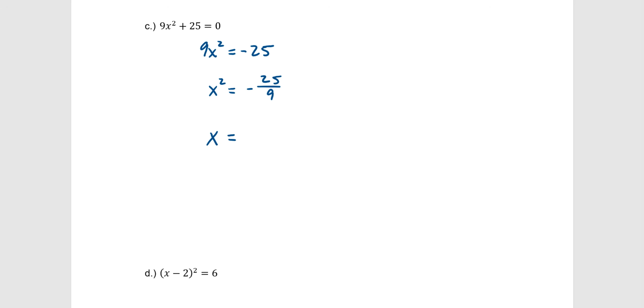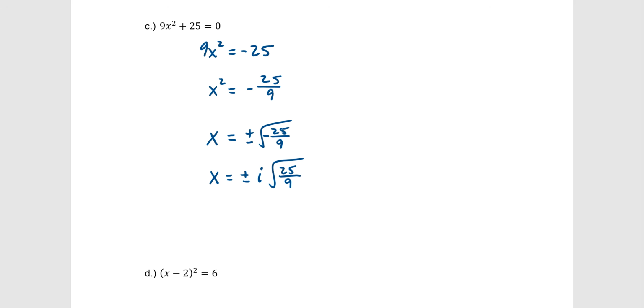So we get the x by itself now, and we get plus or minus the square root of negative 25 over 9. So what we should recognize here is we have a negative under the square root, so we're going to get an imaginary answer. So it's going to be plus or minus, I'm going to rewrite this as plus or minus i times the square root of 25 over 9.